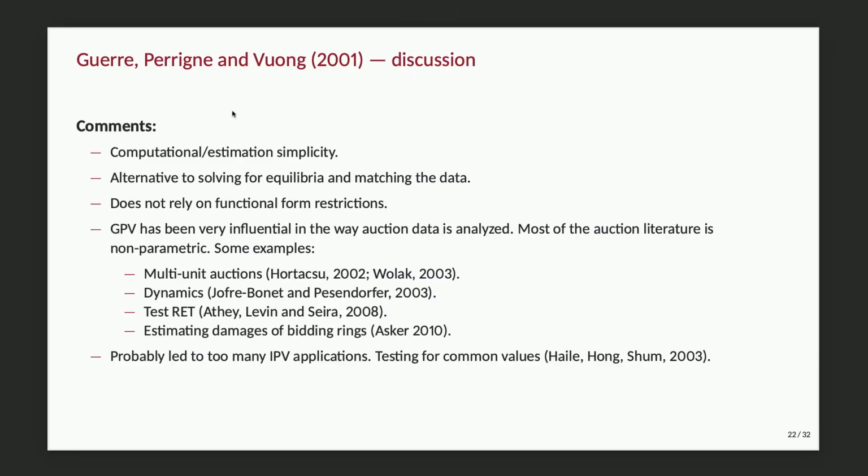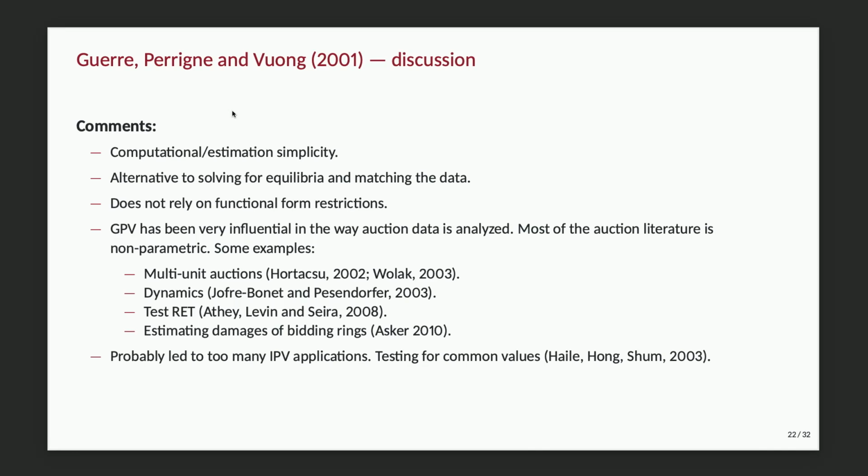Okay, so let me comment on this a little bit. This is really, really simple. One of my advisors, John Asker, once joked that his most famous paper is probably one on bidding rings that uses GPV, and he said he could have done that paper in Excel. I think it's a bit of an exaggeration, but this is something that is so easy.